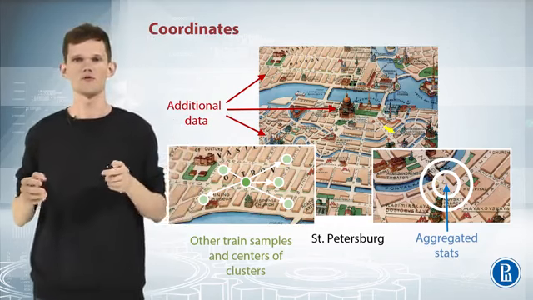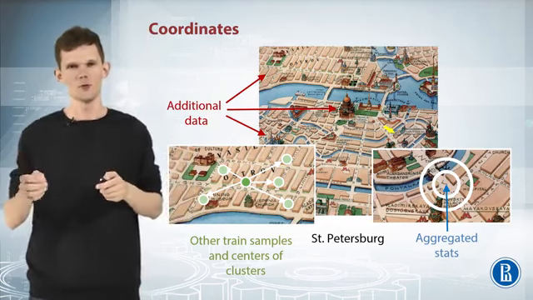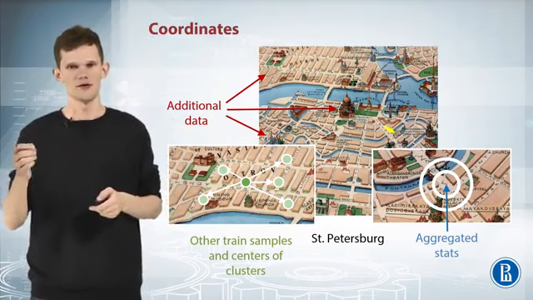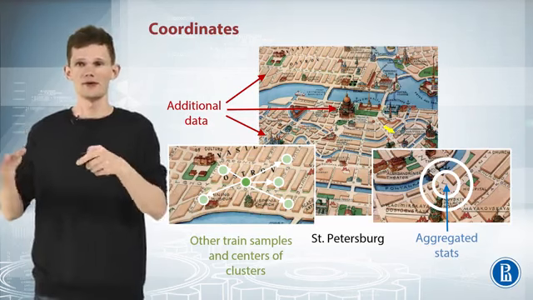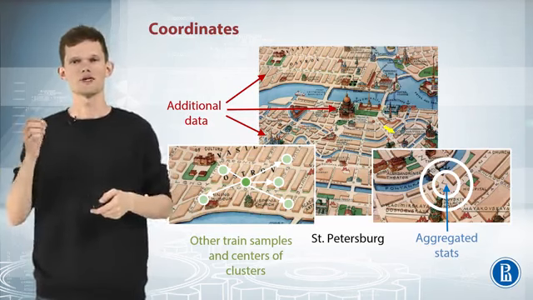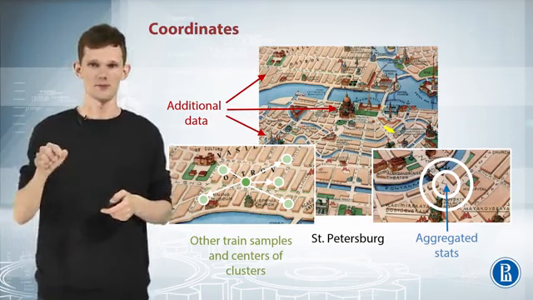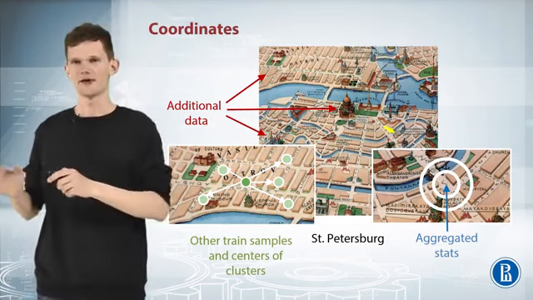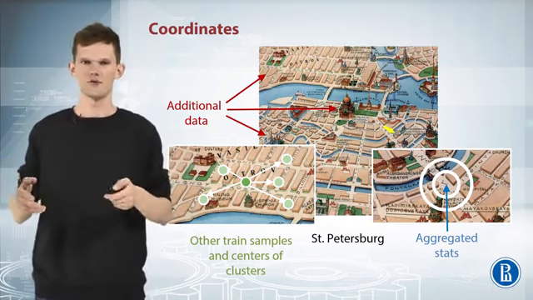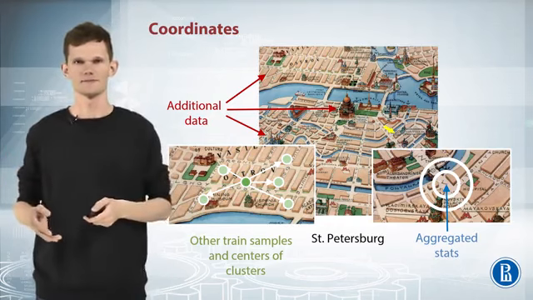Another major approach to use coordinates is to calculate aggregated statistics for the object's surrounding area. This can include the number of flats around this particular point, which can then be interpreted as the area's popularity. Or we can add the mean realty price, which will indicate how expensive the area around the selected point is. Both distances and aggregated statistics are often useful in tasks with coordinates.